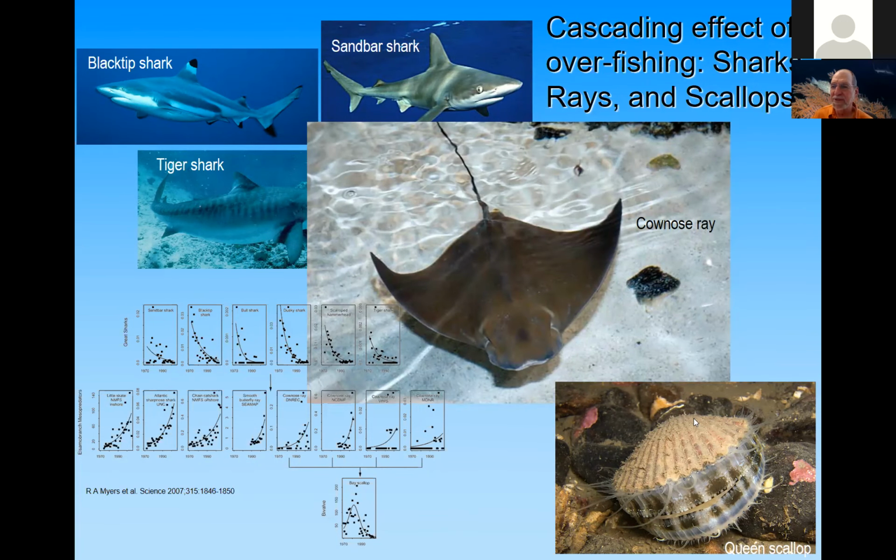Scallops were a species that humans like to catch. So as an example of a trophic cascade, the exploitation of the shark populations led to a collapse of the scallop fisheries.